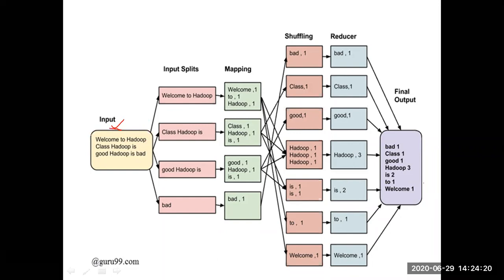For example, here this data is divided into 4 splits: split 1, split 2, split 3, split 4. Please assume this as a large file, because Hadoop is suitable for large files only. But for our understanding, we are taking a small example. Since it is a very large file, I divided it into 4 parts: split 1, split 2, split 3, and split 4.